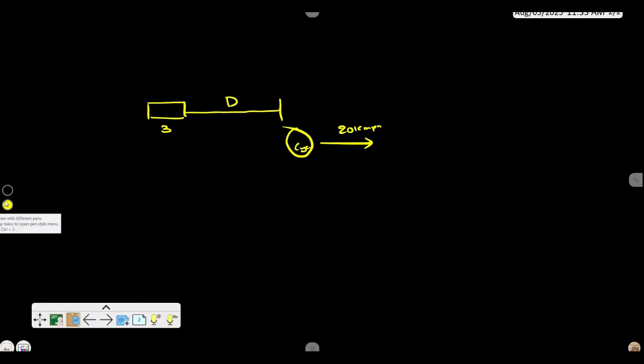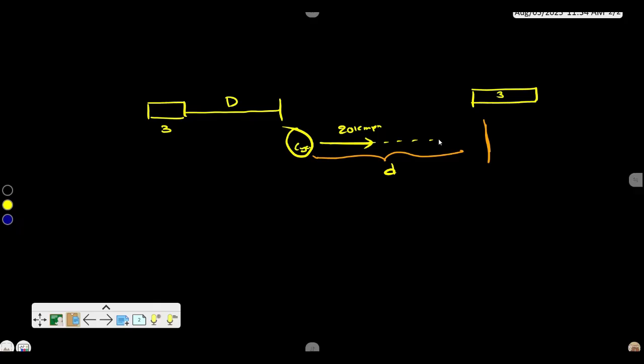This bus is coming and crossing him. Let us suppose at this position, the cyclist will also move some distance. Let us assume he moves this much distance. They both are crossing. The third bus is crossing this cyclist at this position on the road. Let us assume this is the distance traveled by the cyclist in that same time.